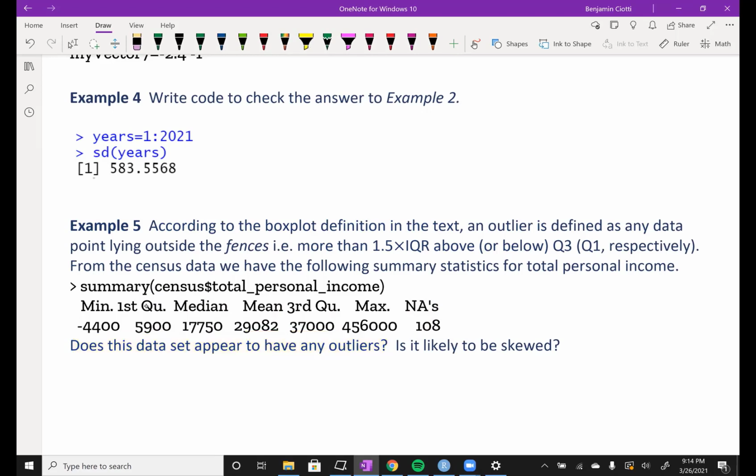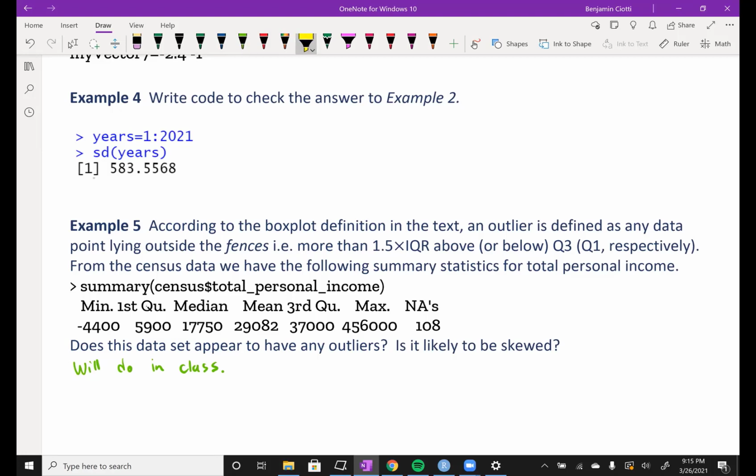And you know what? I'm going to do this one in class too. I'm sorry. I know you probably wanted to see it. I want you to try it. So I will do it in class on Wednesday. It's a little bit tricky. You're going to have to construct the upper fence and then see if you have data points that lie above it.